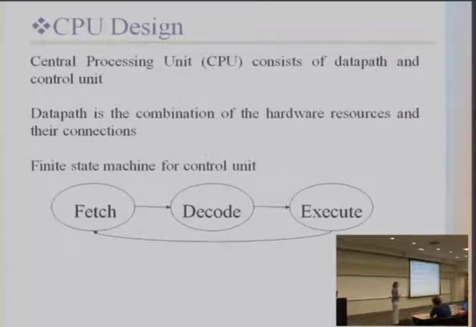So what do we need when we're designing a processor? We will also use a finite state machine, but now our states are fetch, decode, and execute. What does it mean? Well, pretty much what I was showing you before. We had a PC that has to put the address in a memory, and that memory to write into instruction register.